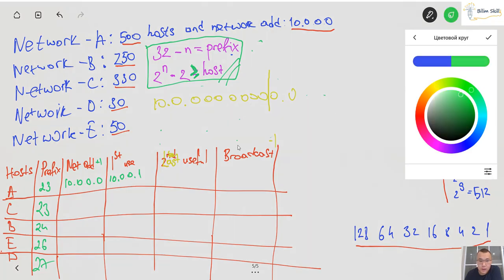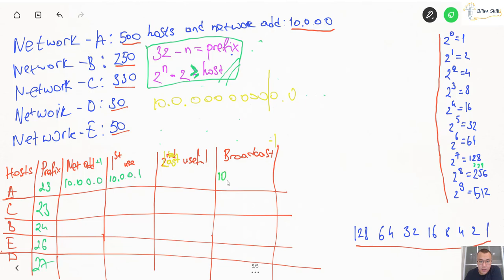It means that here we are writing 10.0.1, because here 1, right? After slash it's only 1, so it is this one. And the whole fourth octet will be full.